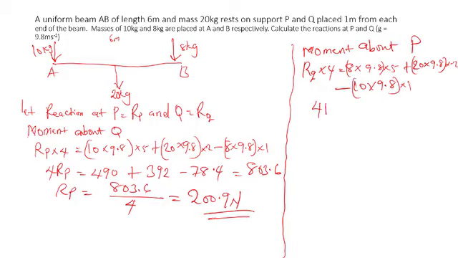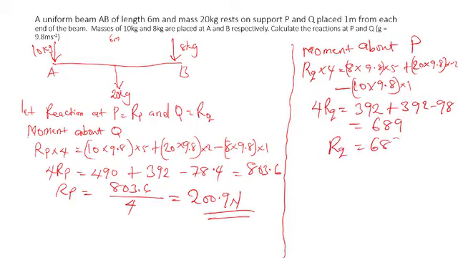So our 4RQ will now be equal to 392 plus 392 minus 98, which is equal to 686. So our value of RQ is 686 over 4, which is equal to 171.5 Newton.